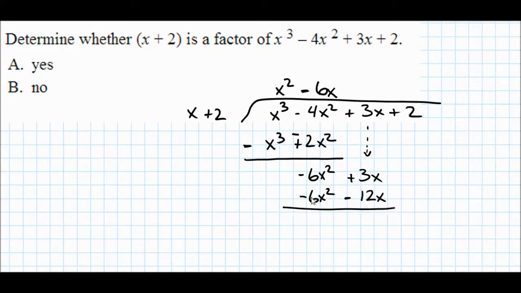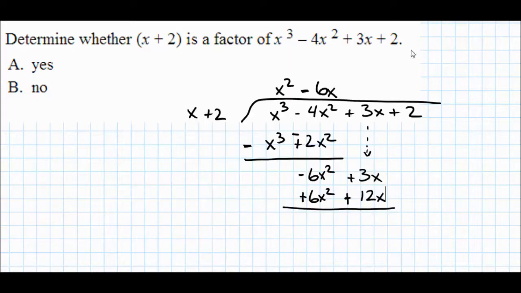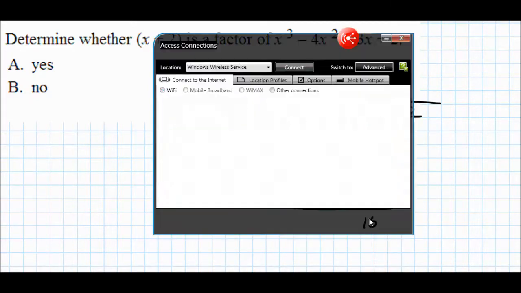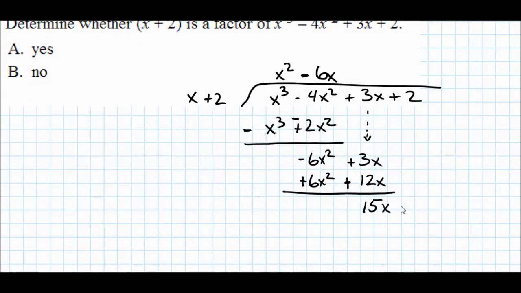Again, we change the signs to subtract. Negative 6x squared plus 6x squared is 0. 3x plus 12x is 15x. After the 15x plus 2, to get that we have to multiply by a positive 15.